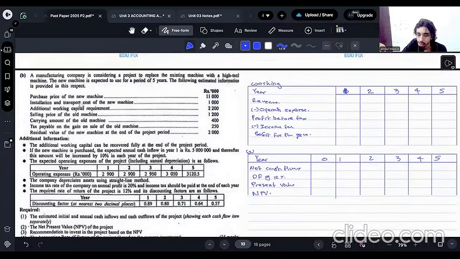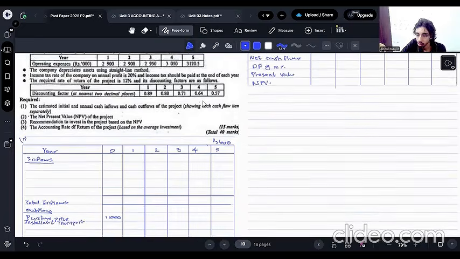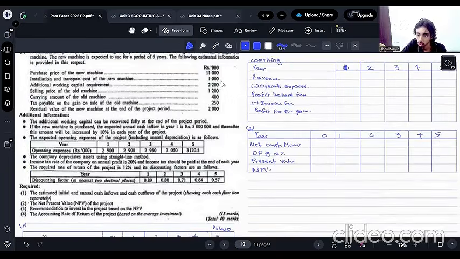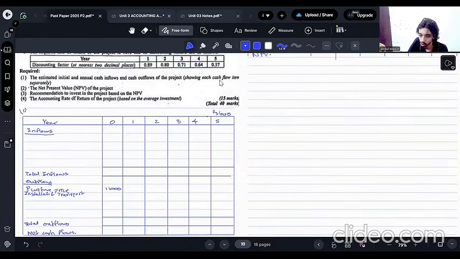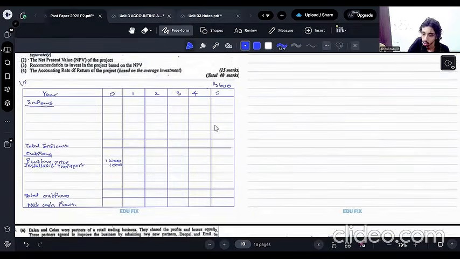Then next, installation and transportation cost of new machine. Installation and transport cost, that is 1,000. Next, additional working capital requirement 2,200.